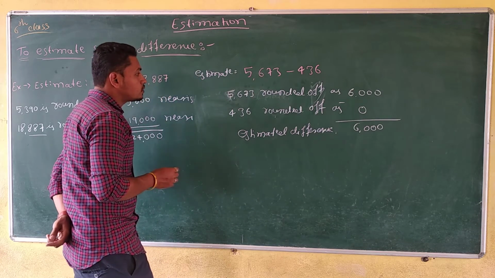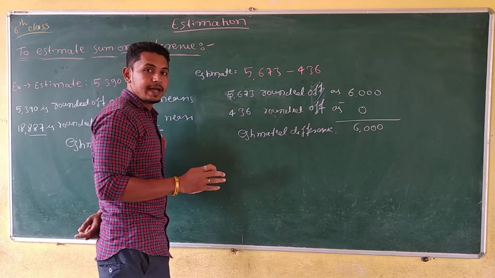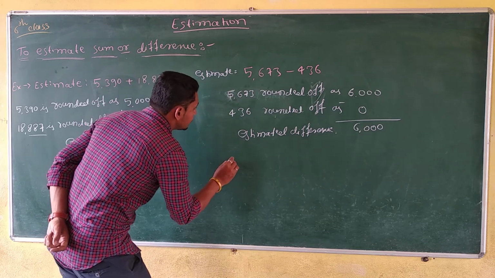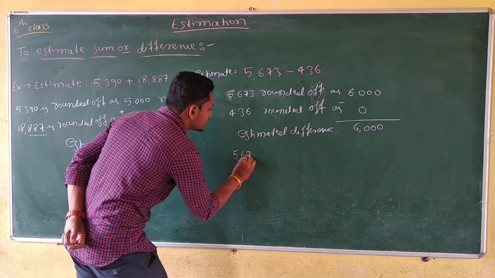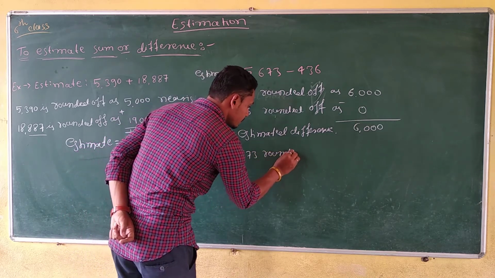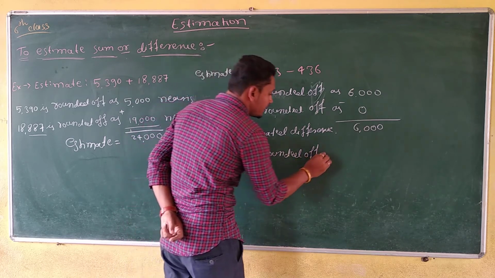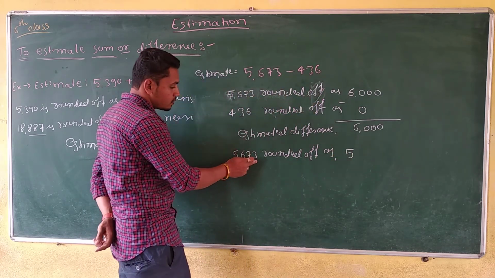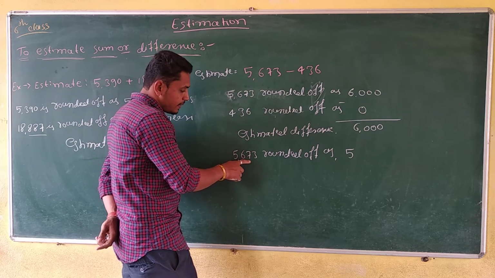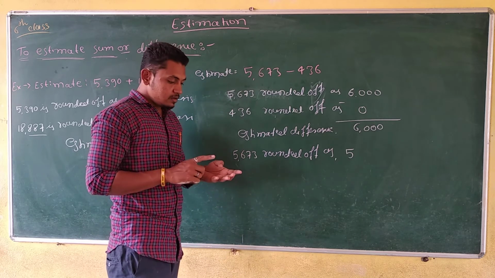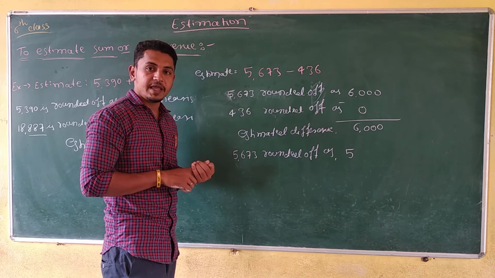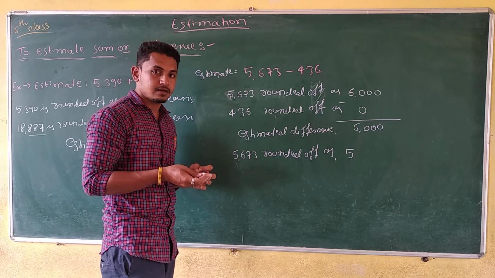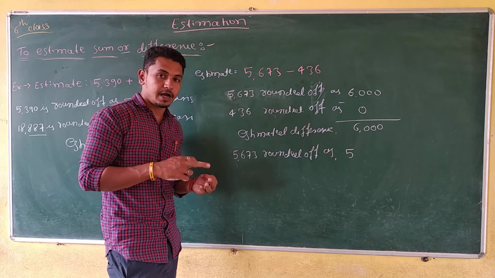So now we have to round up to the nearest 100 place. 5673 is rounded up as 5000, meaning 5 stays as it is, and now we have to change this number. 73 is nearest to 0 or 100?